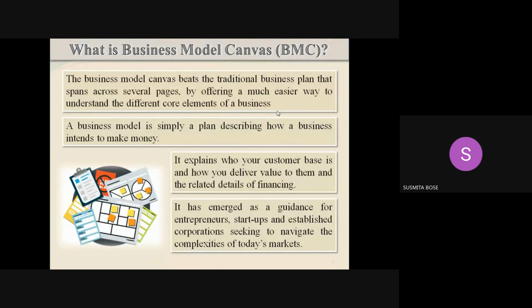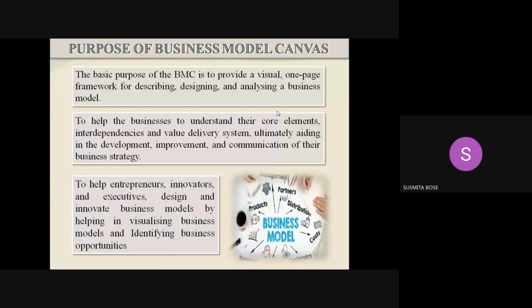It has emerged as a guide for entrepreneurs, startups, and established corporations seeking to navigate the complexities of today's market. Basically, the purpose of BMC is to provide a visual one-page framework for describing, designing, and analyzing a business model. It helps the business person or organization understand their core elements, the interdependencies among them, and the value delivery system, ultimately aiding in the development, improvement, and communication of their business strategy.